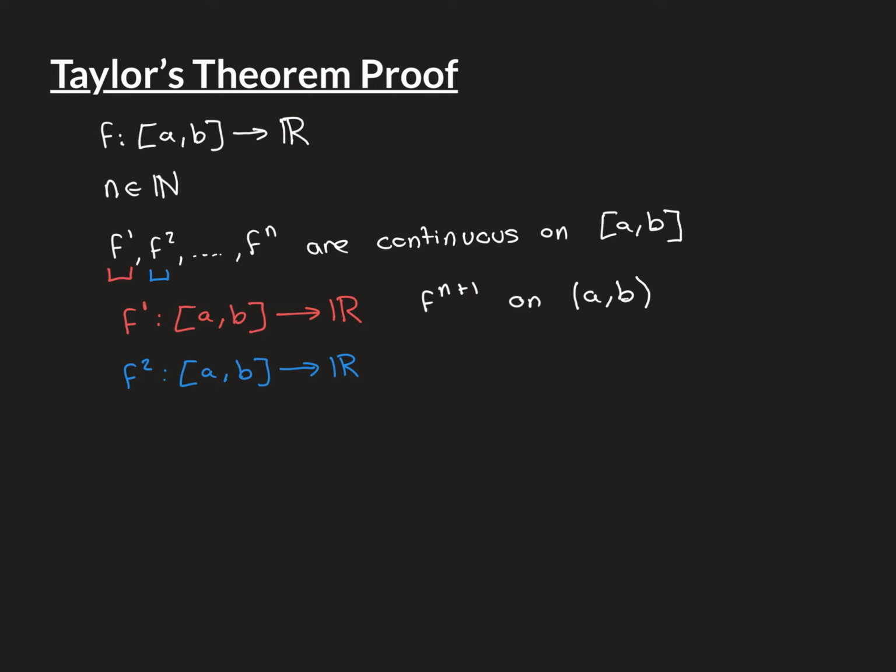So overall, we need the function to be differentiable everywhere on the closed interval from a to b n times, and we need all of those derivatives to be continuous, and then we need it to be n plus 1 times differentiable, not quite on the closed interval, but on the open interval from a to b. This is the weakest condition that you need in order to be able to apply Taylor's theorem.